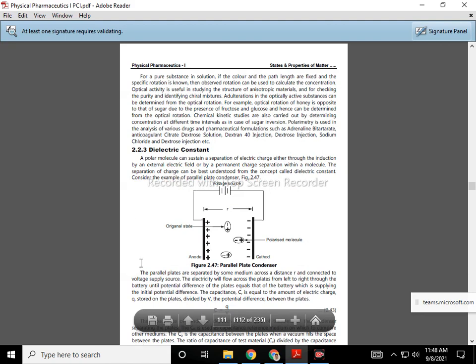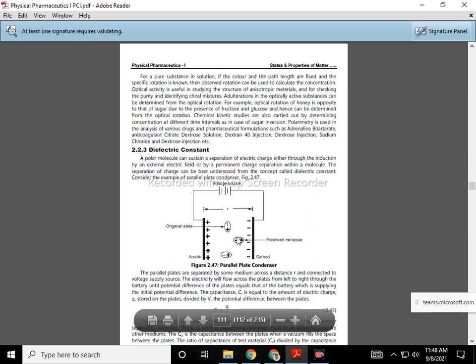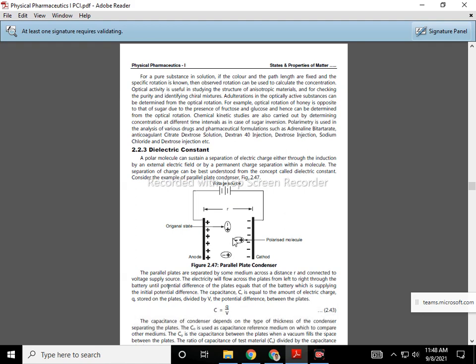C is equal to Q upon V. C is the capacitance of this battery when we place water. Then we will check its charge. Then we will see the volts during the first experimentation.